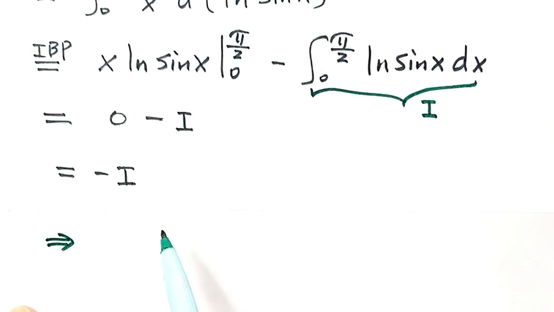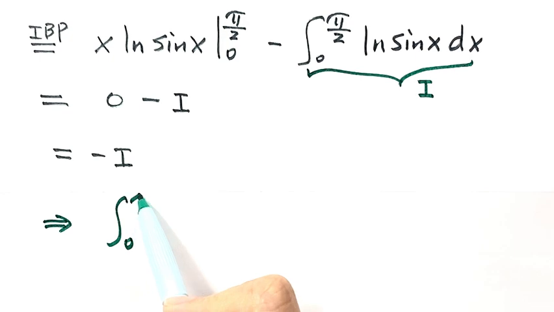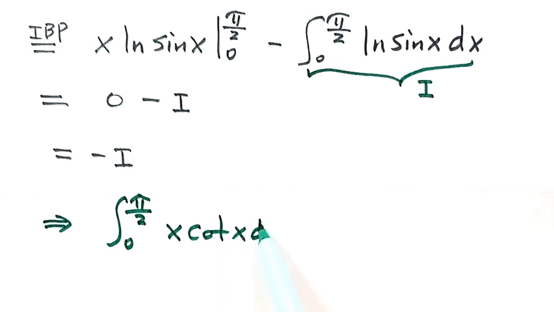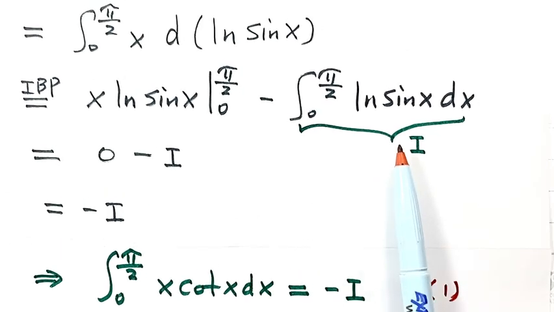Let's write down the results so far. Here's the original integral, x cotangent x dx, which equals negative I. We can label this one as result 1. Once we figure out I, we're going to put the answer back here.